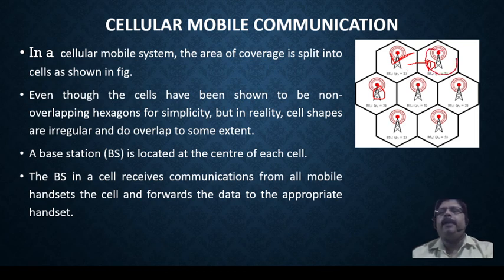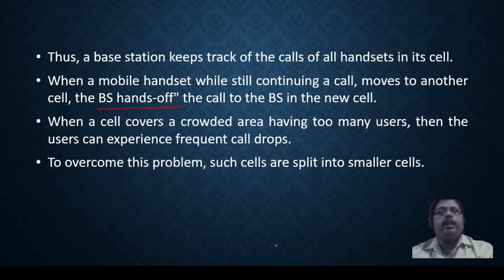Means it will be identified in the next base station where I am going. My call will not cut, only the network will switch, and that task we call handoff. So this is one of the features of mobile computing.